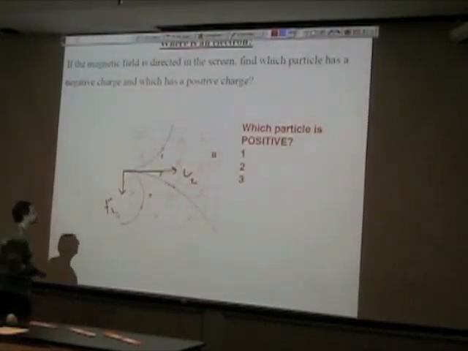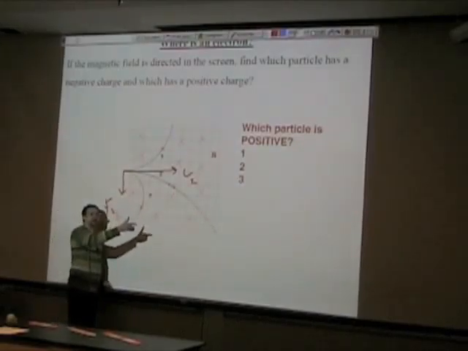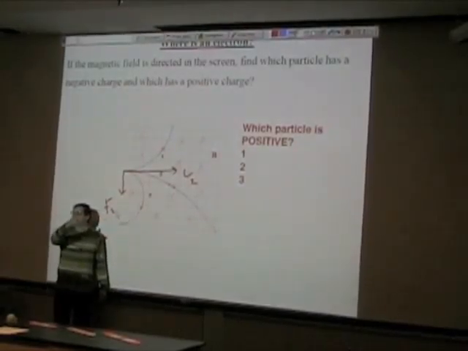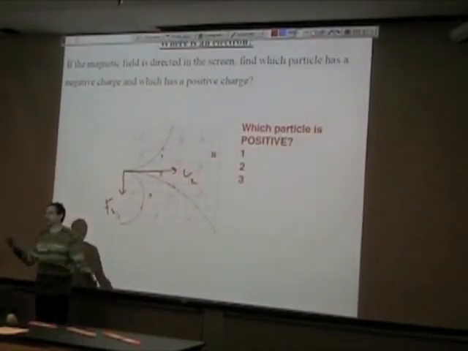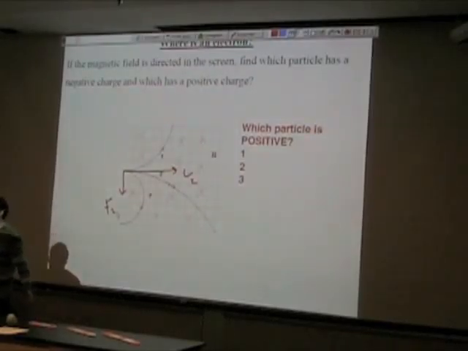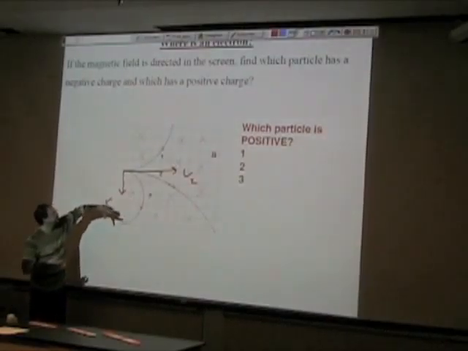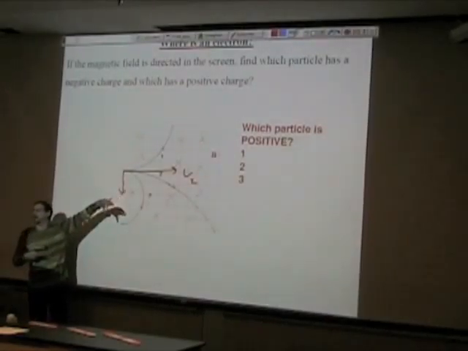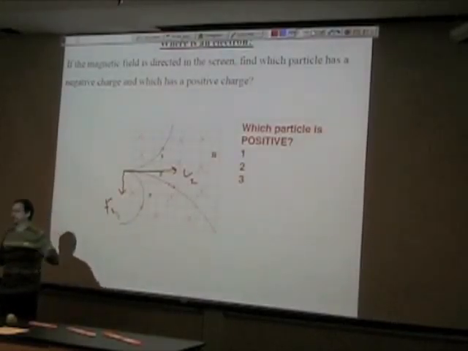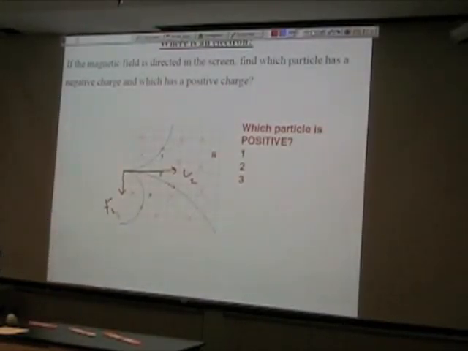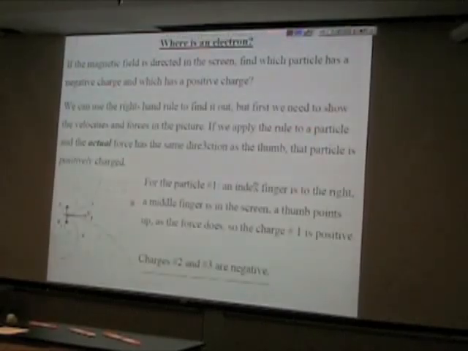So, field, velocity, force. The thumb points up, the actual direction of the force is down. So the right-hand rule doesn't work for particle number 2. It must be a negative particle. Any question? If we would use the left hand, that would perfectly work. Velocity, field, force. The left hand works for number 2 and number 3 particles, so they are both negative. Electron, probably.